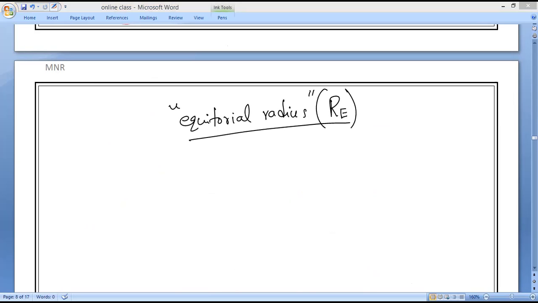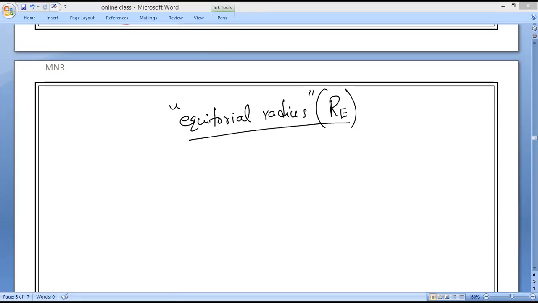is greater than its radius measured along the poles, also called polar radius.